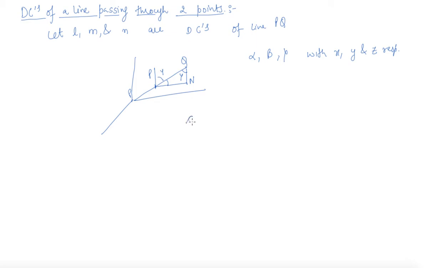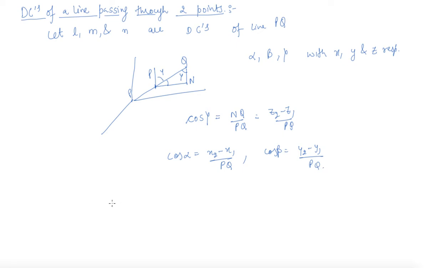Now from this figure we get cos gamma is NQ by PQ, which is z2 minus z1 over PQ. Similarly, I can write cos alpha as x2 minus x1 over PQ, and cos beta as y2 minus y1 over PQ.